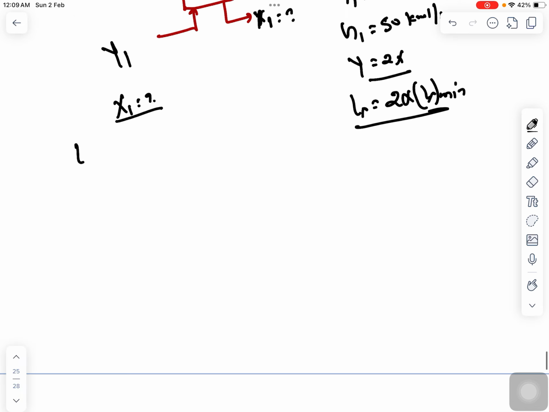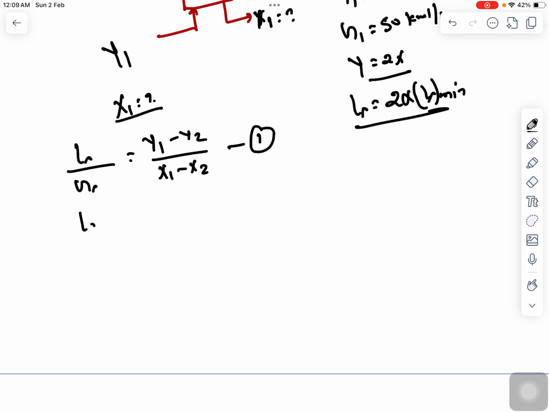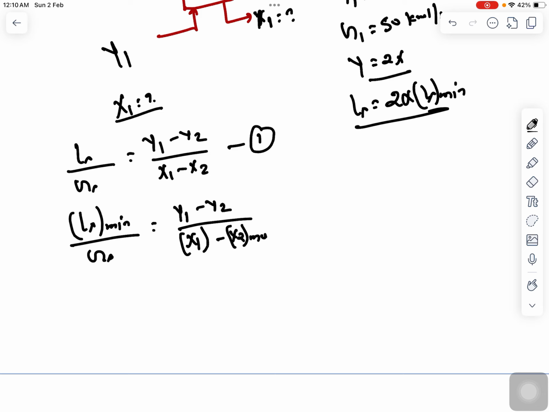So if I want to write this equation, Ls divided by Gs can be written as (y1 minus y2) divided by (x1 minus x2). This is equation first. And if I want to write Ls minimum divided by Gs, I can write (y1 minus y2) divided by (x1 max minus x2).